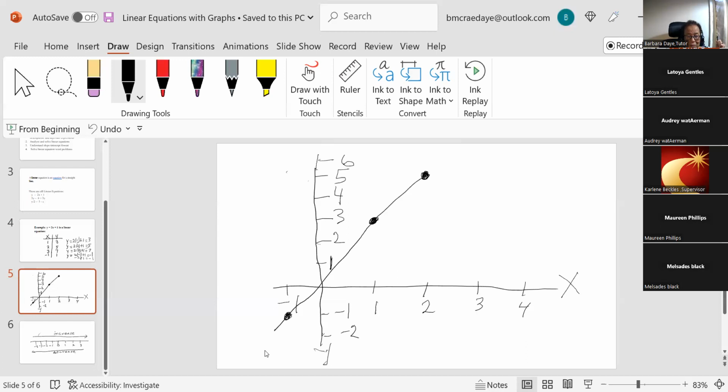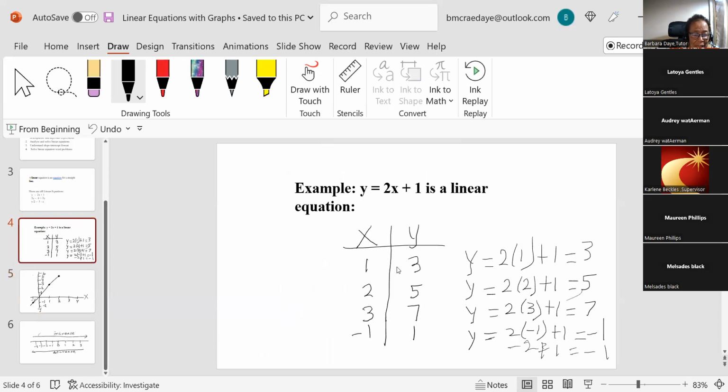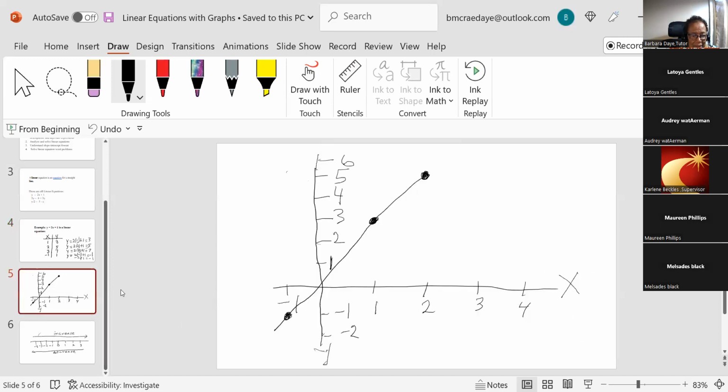Can you repeat again, Miss? Okay. So what I did, let's go back here to the table. I took these values, X1, Y3, X2, Y5, X minus 1, Y1, and I plotted them on an XY graph right here. X is horizontal, Y is vertical.